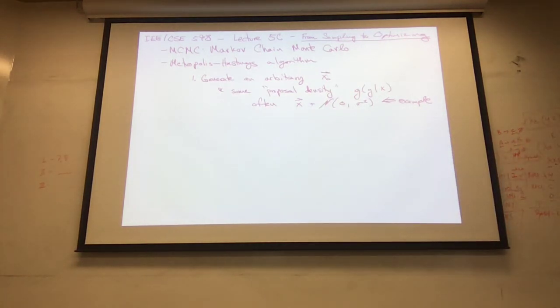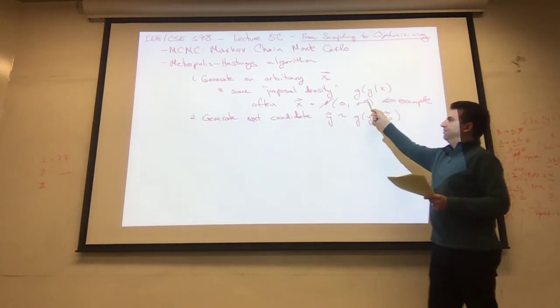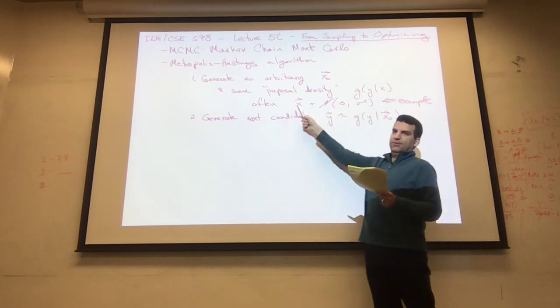So I generate the new sample, the next candidate, which is, let's say, y is distributed according to g given x0. So there's some distribution here, which might just be this multivariate Gaussian centered around the original x position.